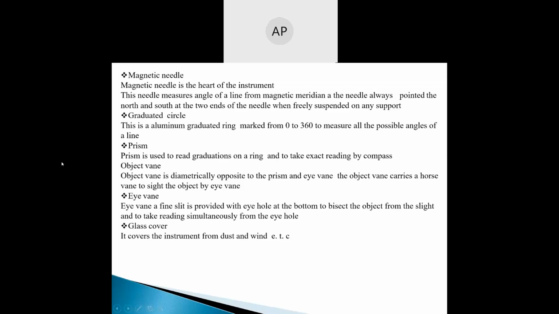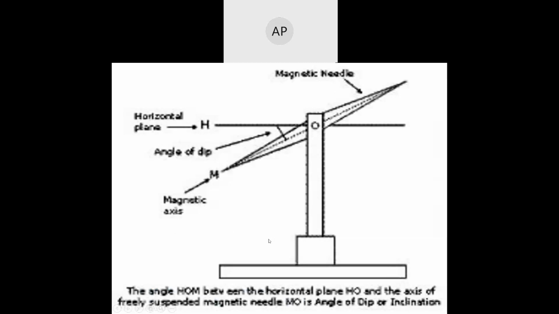Next is the object vane. The object vane is diametrically opposite to the prism, and the eye vane carries a fine slit provided with the eye hole. Let's see the magnetic needle.